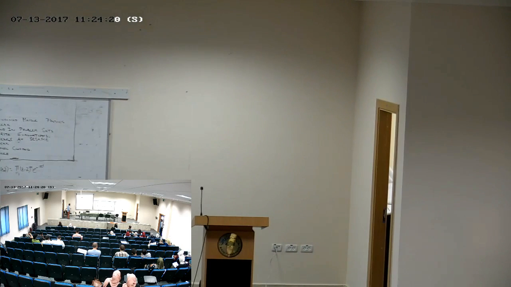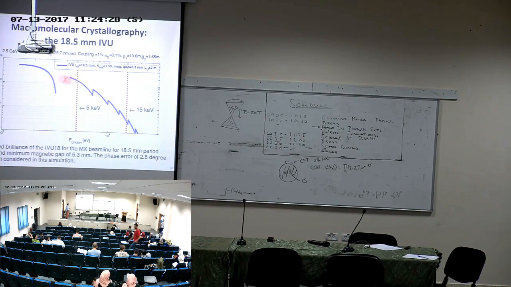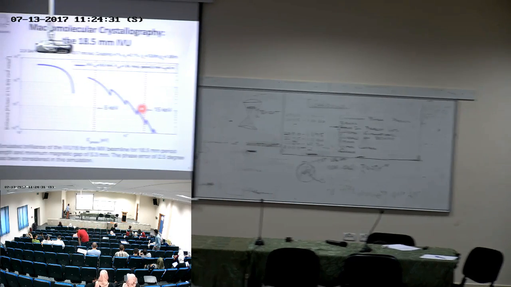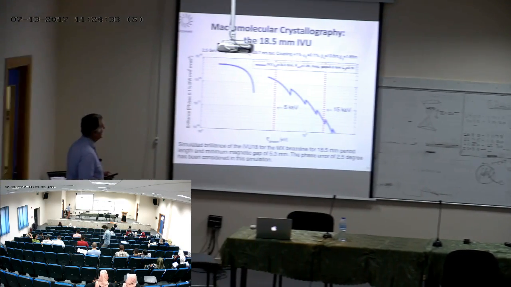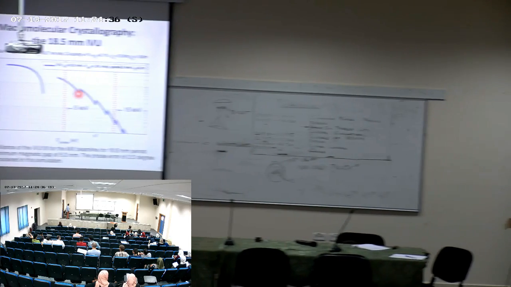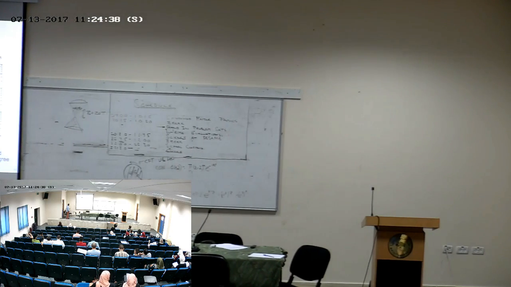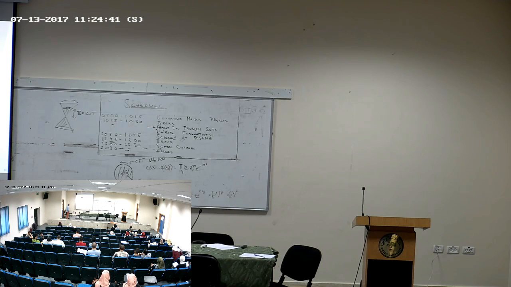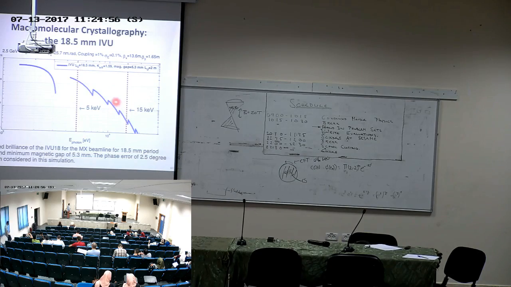Anyway, with a magnetic gap of 5.3 millimeters, this is the kind of performance we expect with the first, third, fifth, seventh, ninth, and 11th harmonics. We are basically going to have the fifth harmonic centered around 10 or 12 keV, which is what you need to do macromolecular crystallography.